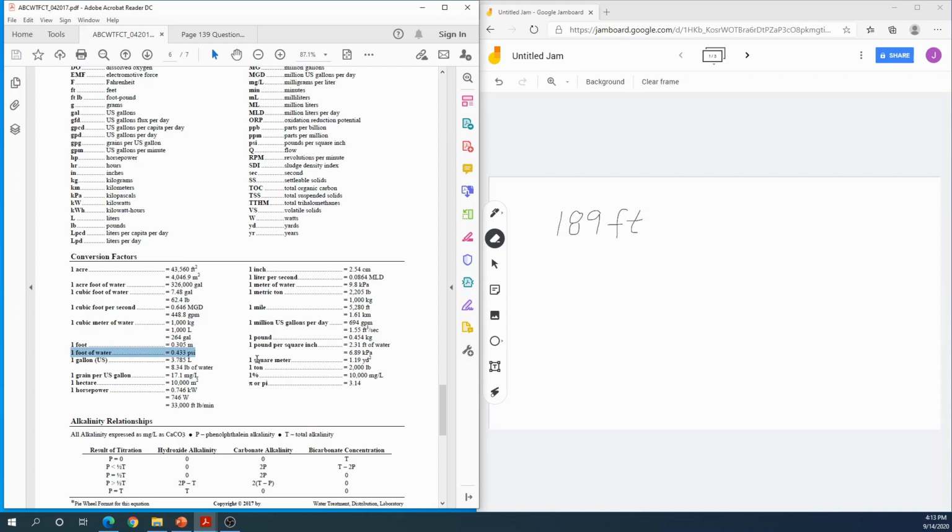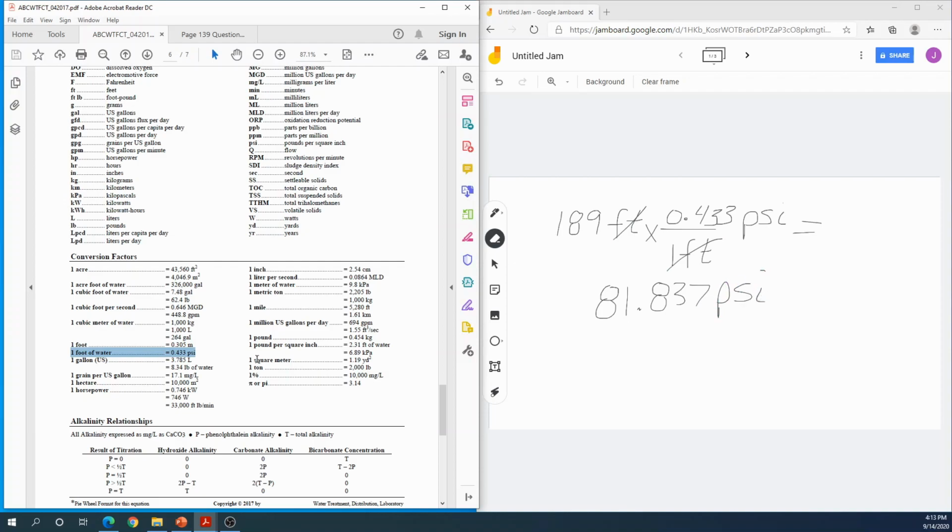We know that 1 foot of water is equal to 0.433 pounds per square inch. That's going to yield us 81.837 pounds per square inch.